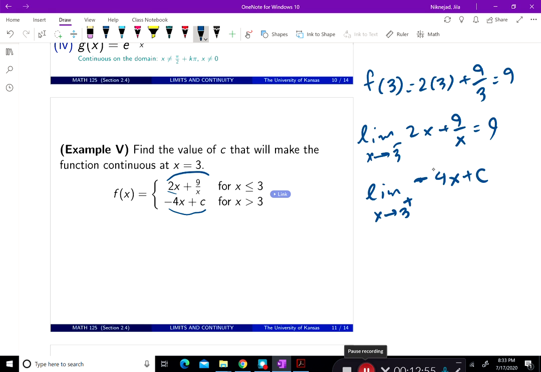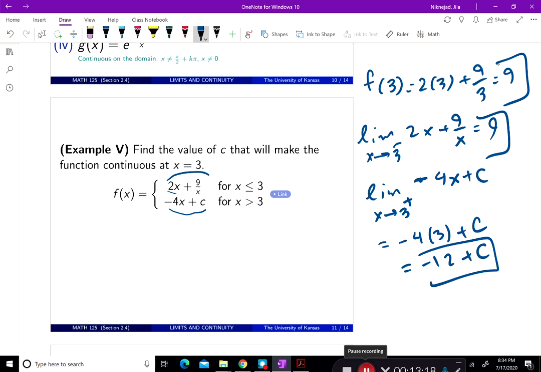And again, this is a continuous function, so the limit as x approaches any value within its domain is just plugging in: negative 4 times 3 plus c, and that is negative 12 plus c. So this value should be equal to this value, equal to that value. In this case, these two are equal, so I don't have to worry about that.